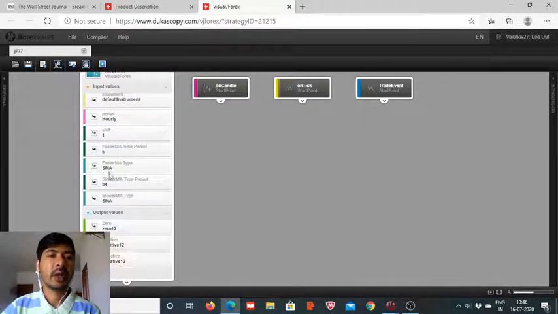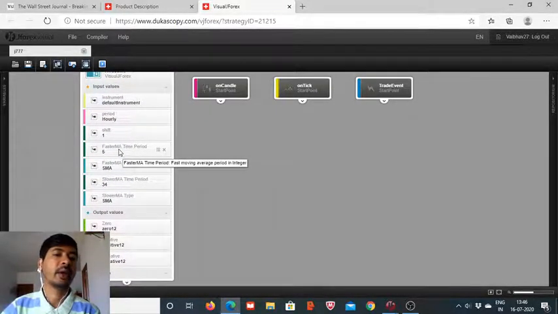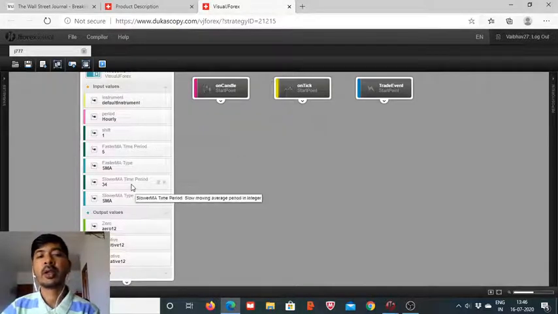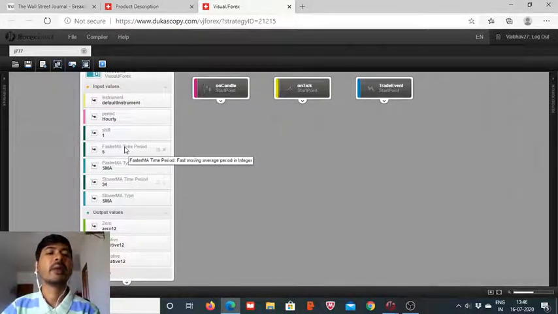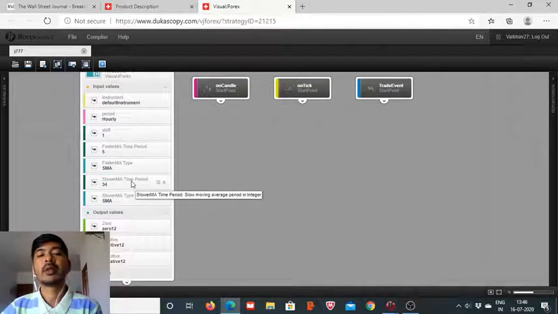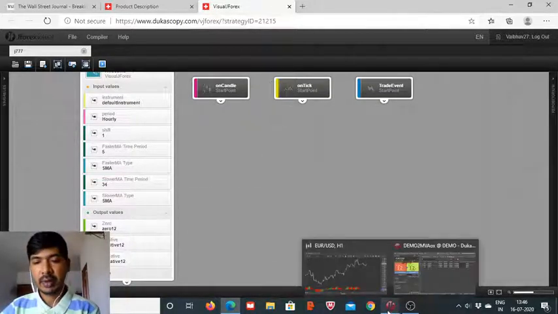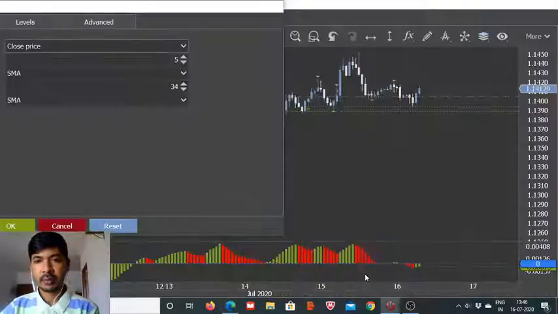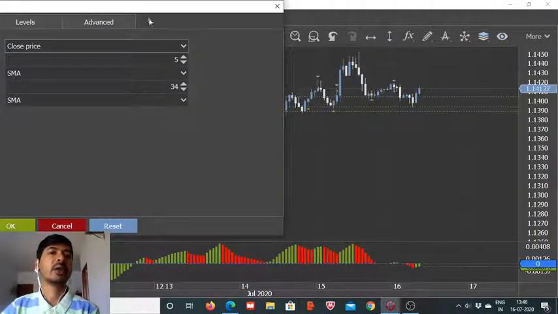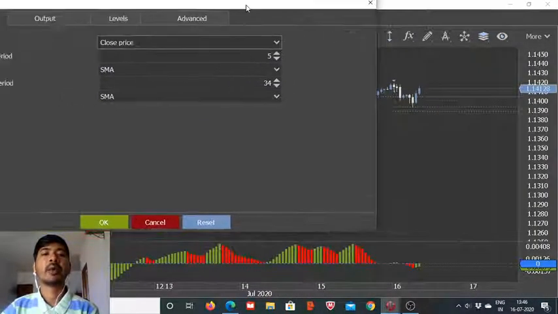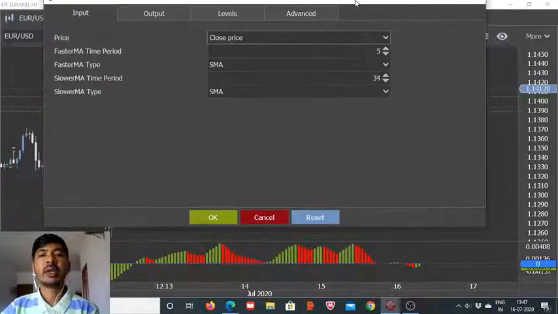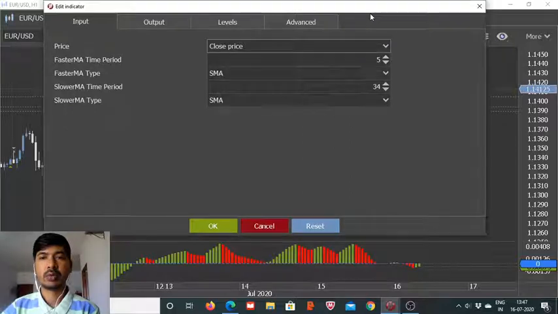Now these MA types and MA time periods make all the difference. Here you can see that the faster MA time period is 5 and the slower MA time period is 34. And the way you customize this is of high importance, and also which kind of SMA, which kind of moving average you are choosing, also makes a whole lot of difference.